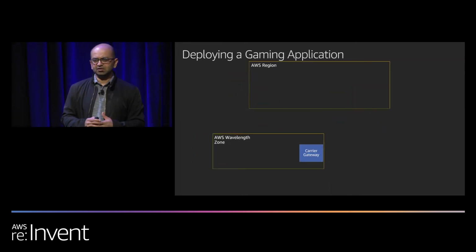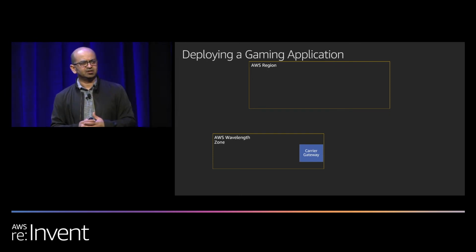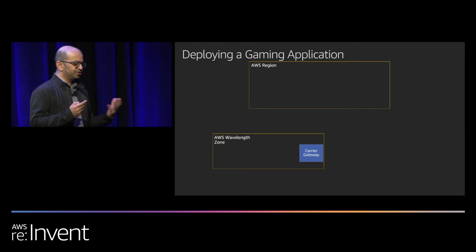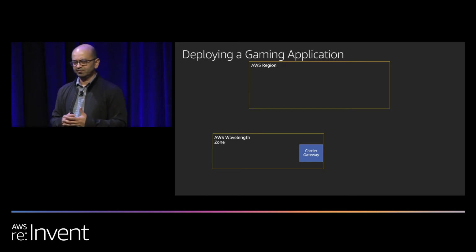So now let's look at a specific example. I'm taking a typical gaming application as an example to show how you would use wavelength zones and the different options that I mentioned to build an application. So a typical gaming application has a gaming server or gaming engine, which has latency-sensitive tasks such as rendering or encoding.